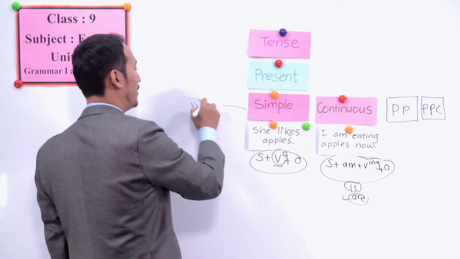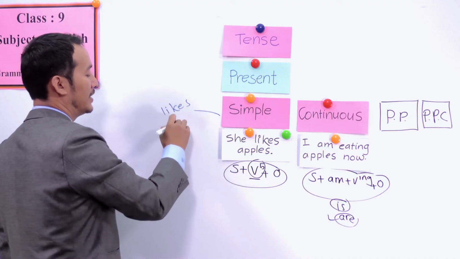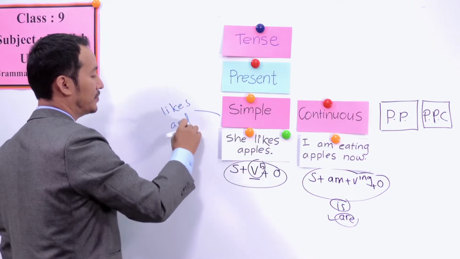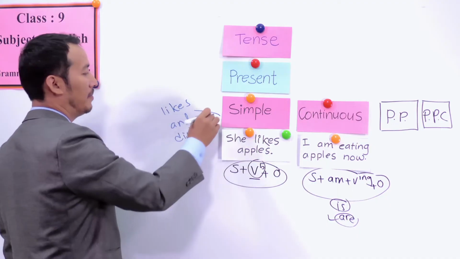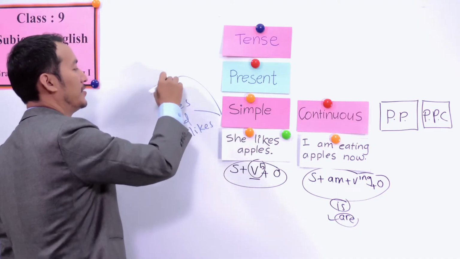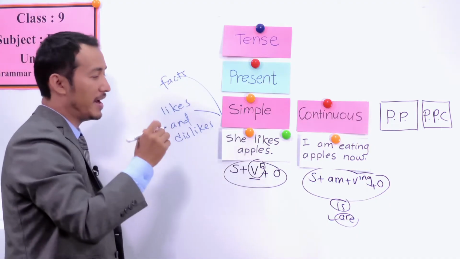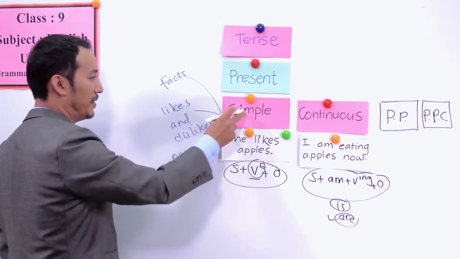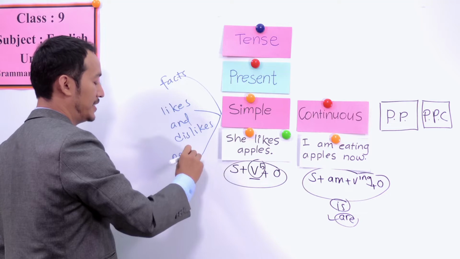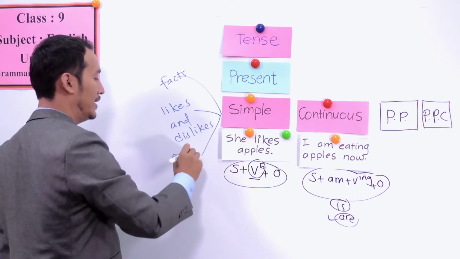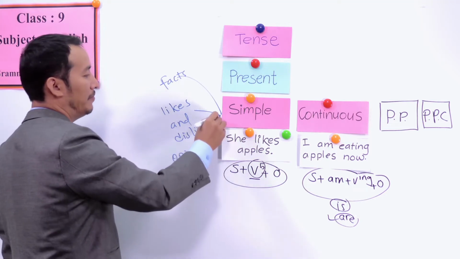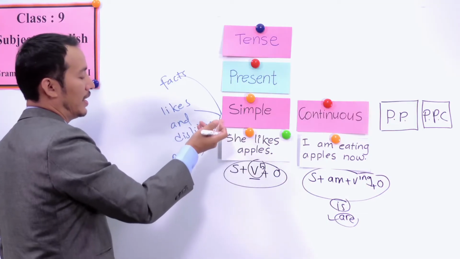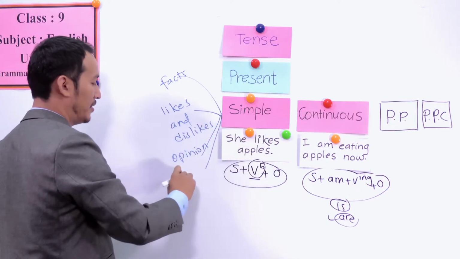We can talk about facts. Okay, students? We can talk about facts. We can talk about opinion in present simple tense, simple aspect of present tense. Opinion. And we can talk about daily habits or routine.